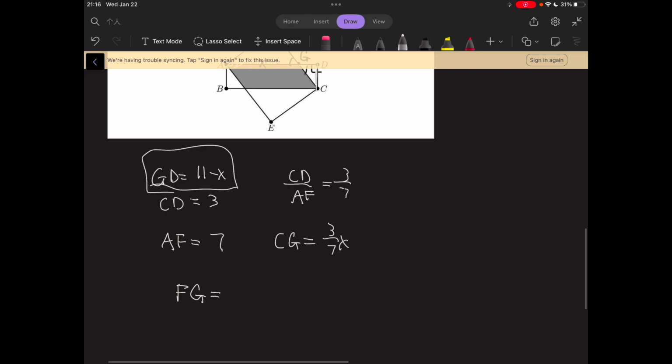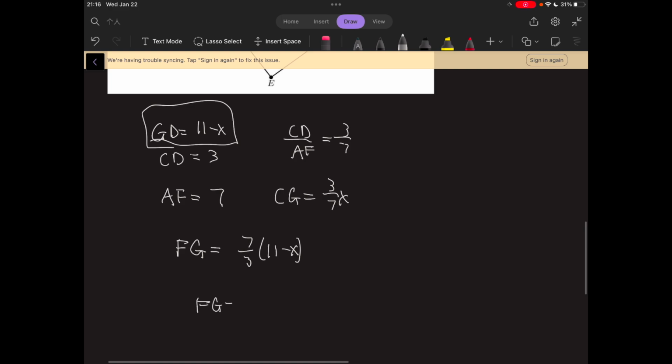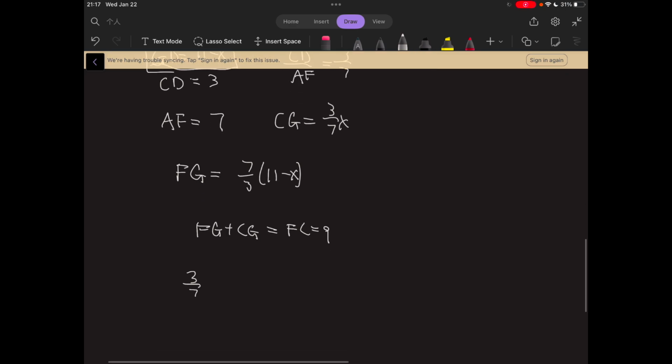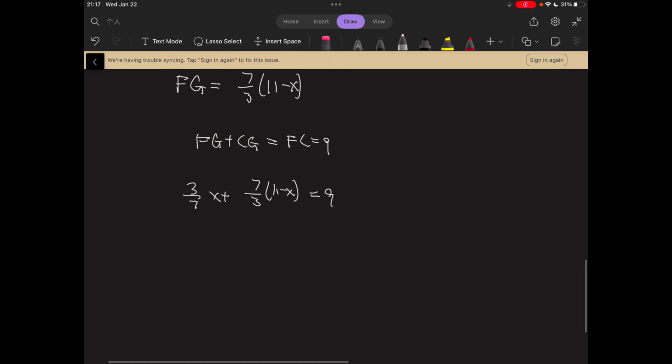FG using, again, the similarity ratio. Okay, FG is this. And then FG plus CG is going to be FC, which is 9. And then we just solve the equation. Solving for x, we get x equals 35 divided by 4.